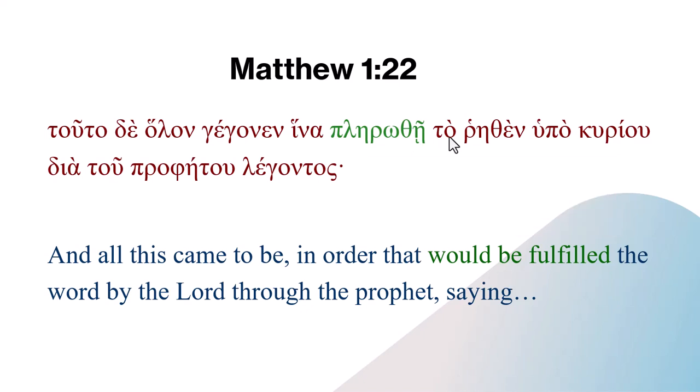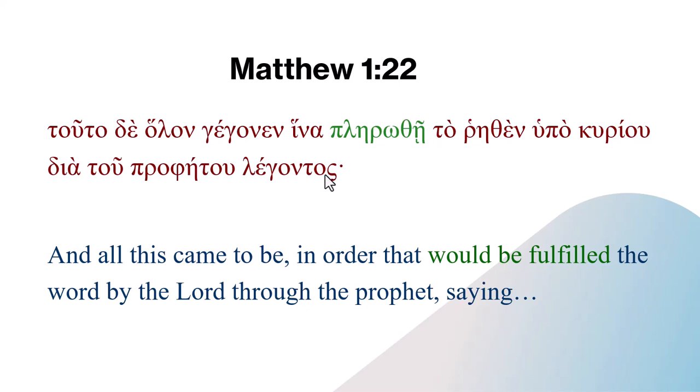And then we're looking for something to be fulfilled here, tahrethen. So in order that something may be fulfilled, in this case it's a neuter, tahrethen, the saying might be fulfilled, hupa kuriou, by the Lord, dia tu prophetu, through the prophet, legantas, saying.